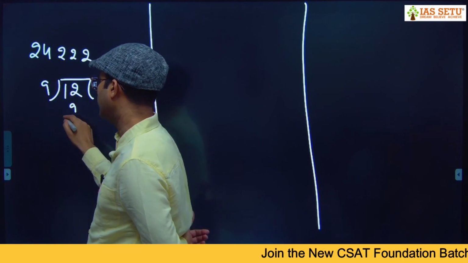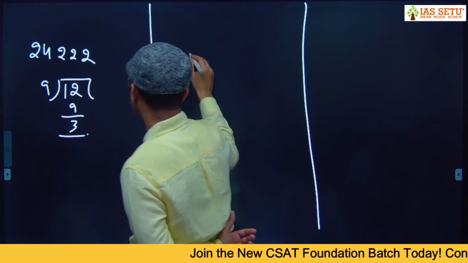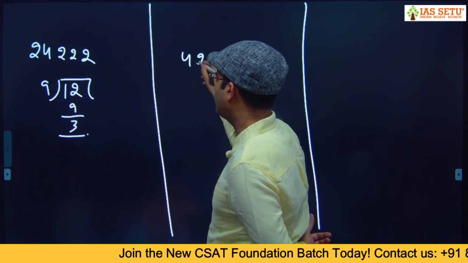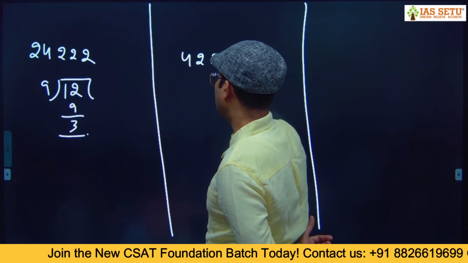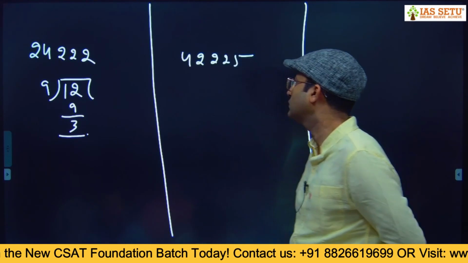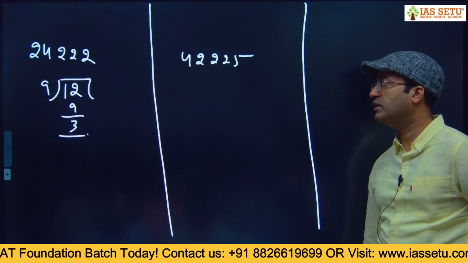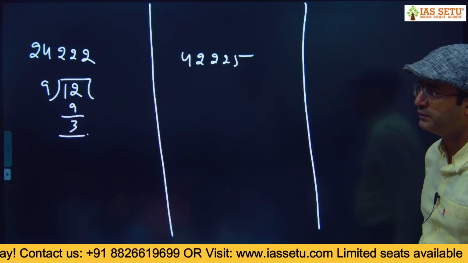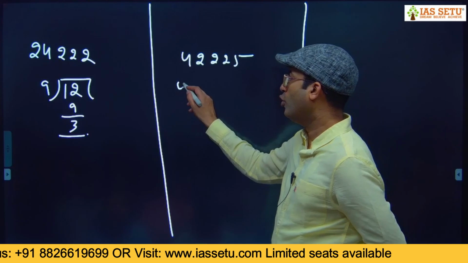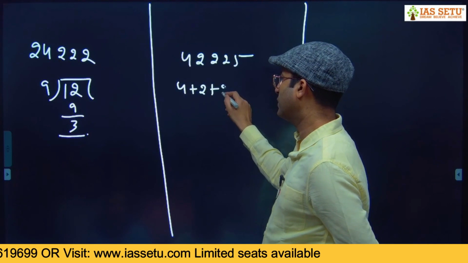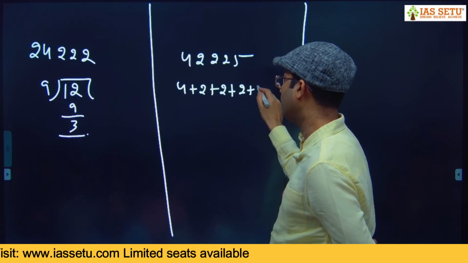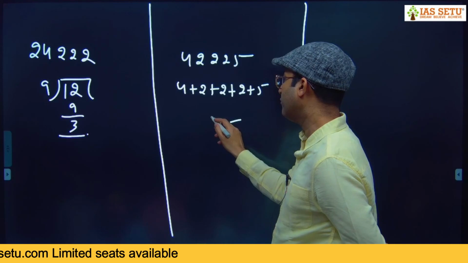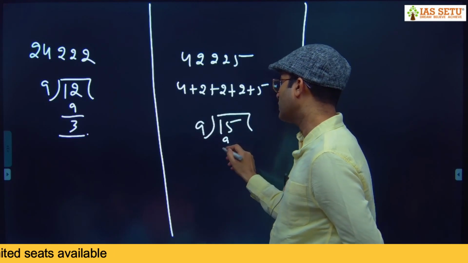So what is our remainder? Next number, 42,225. Is this number divisible by 9? No, then what is your remainder? 4 plus 2, 6, plus 2, 8, 10, plus 5, 15. 15 is not divisible by 9. So what is our remainder here?